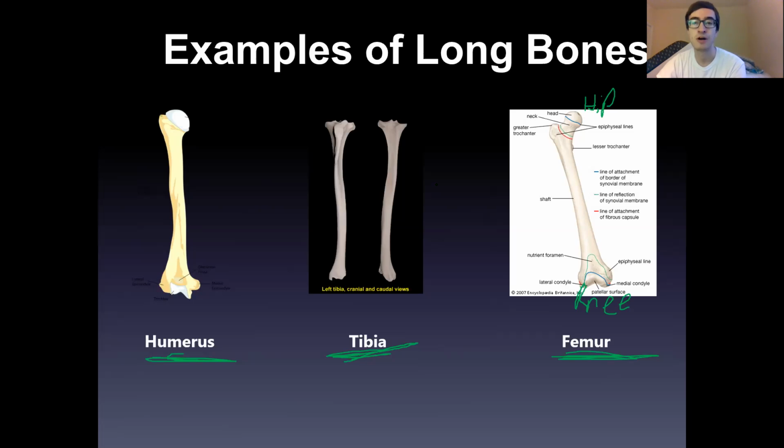Femur is also a long bone. So, like I mentioned, all very long, but nice and skinny, and contain very, very tough bones, and contain a lot of bone marrow inside of them.